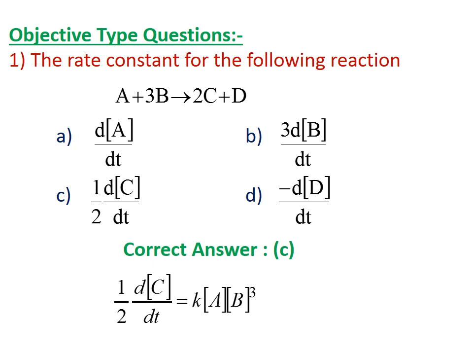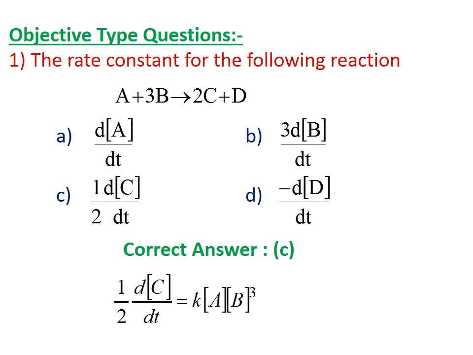In the third case, the answer is 1/2 dC/dt, which is correct. With respect to the product, the rate is 1/2 dC/dt, therefore the correct answer is C. 1/2 dC/dt will be equal to the rate constant k into concentration of A into concentration of B whole cube.